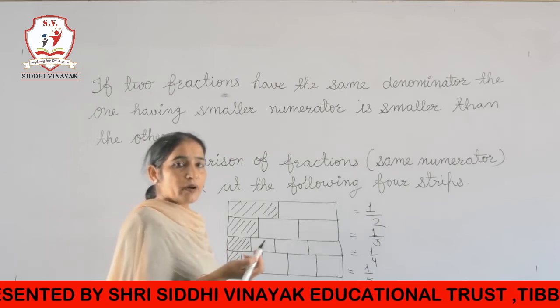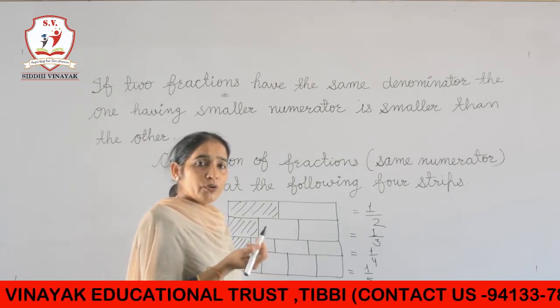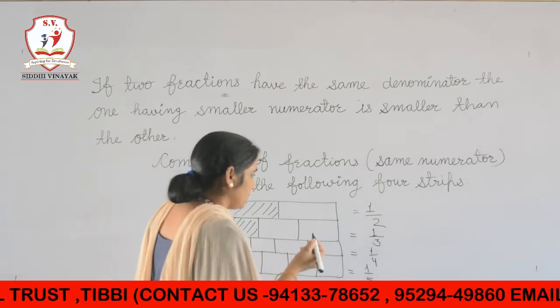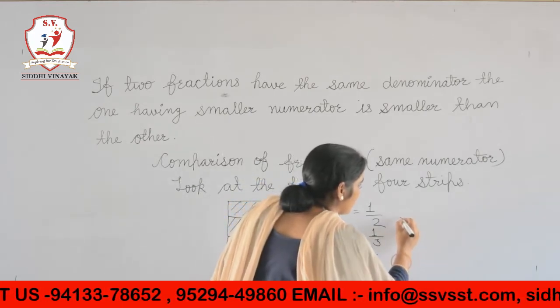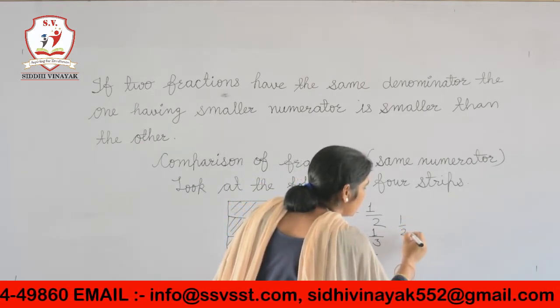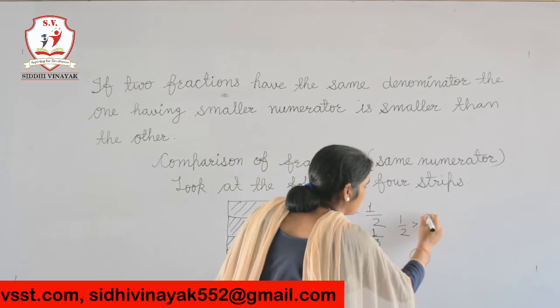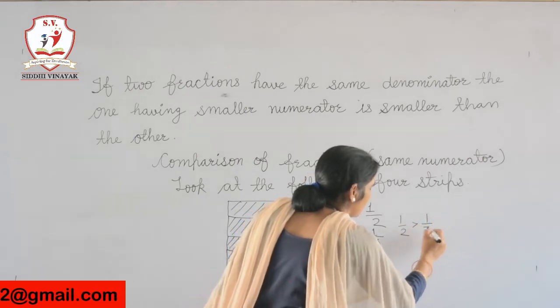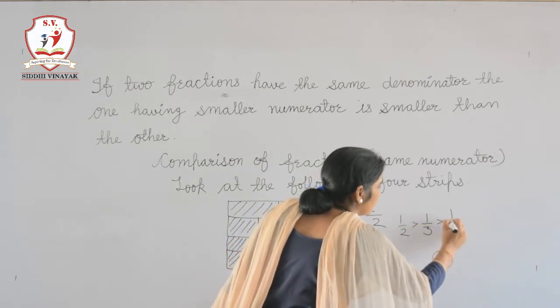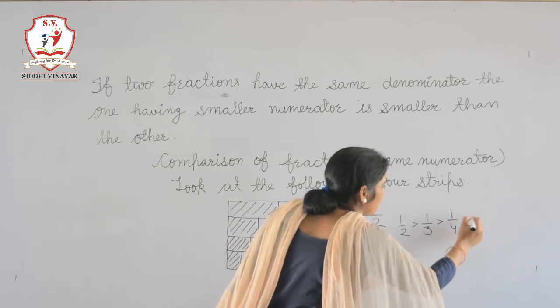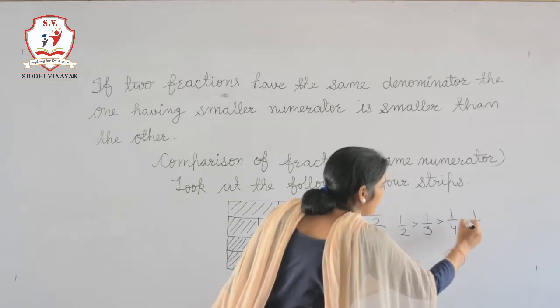From the shaded portion, we find that 1 upon 2, 1 upon 3, 1 upon 4, 1 upon 5.